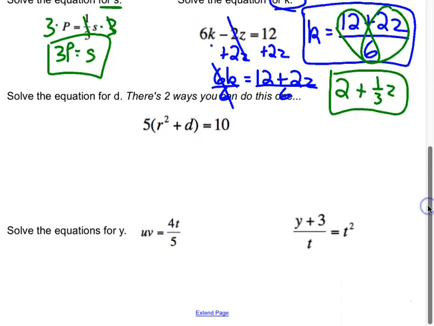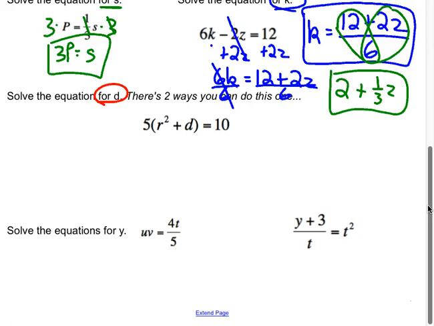This next one, I like this next one because it shows you sometimes there's multiple ways to go about doing this, okay? Sometimes there's more than one way to get that variable by itself. So here we're trying to get d by itself, okay? Now here notice the d is connected to the r squared because that entire side is being multiplied by 5.